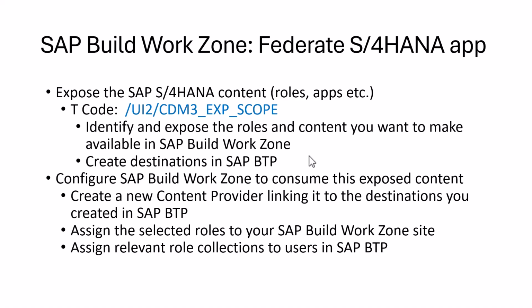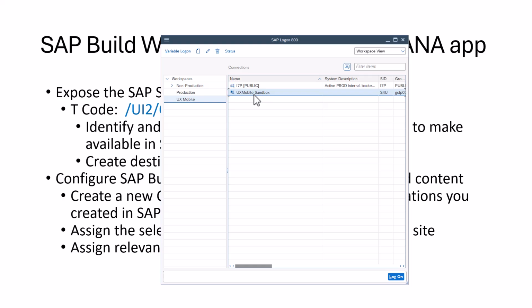That way, they can use SAP Build Workzone as a single entry point to access all their applications. In order to do that, you would go into your SAP S/4HANA system. It can be on-prem, it can be private cloud, whatever you have.